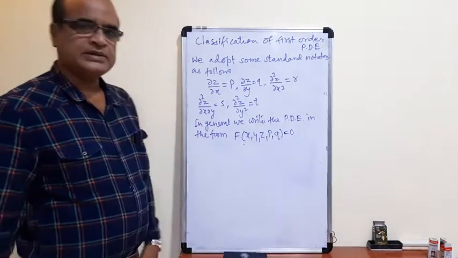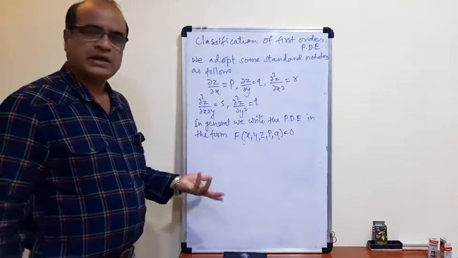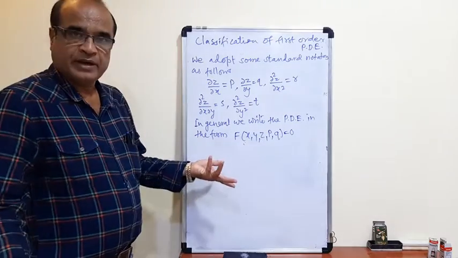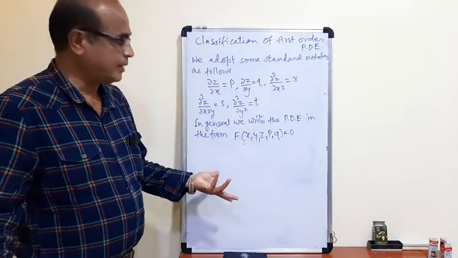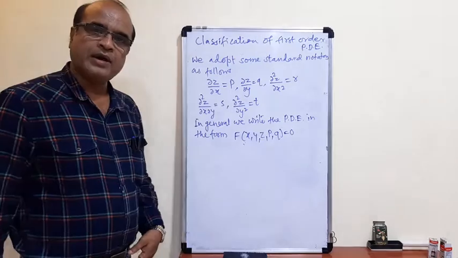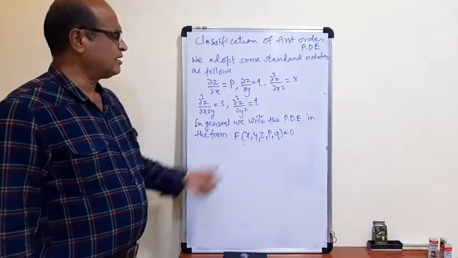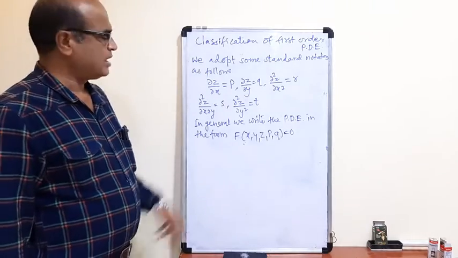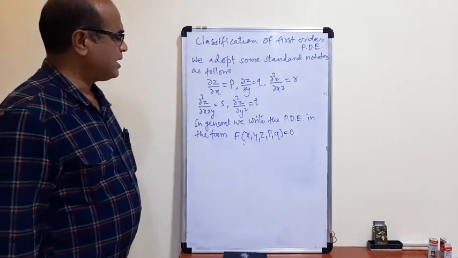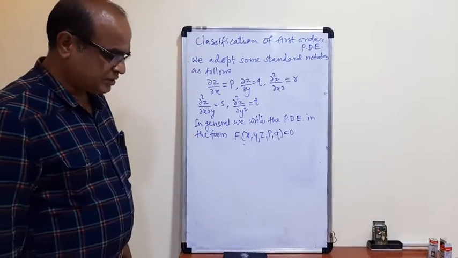There are three variables, x, y, z. We don't specify which is the dependent variable and which are the independent variables. p is ∂z/∂x and q is ∂z/∂y. So we generally denote the partial differential equation in this form, f(x, y, z, p, q) = 0.